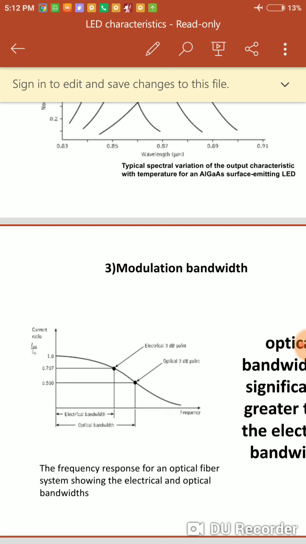There are two types of modulation, basically analog modulation and digital modulation, depending on which signal we are taking as a modulating signal. When we take an analog signal as a modulating signal, that is called analog modulation. When we take a digital signal as a modulating signal, that is called digital modulation.